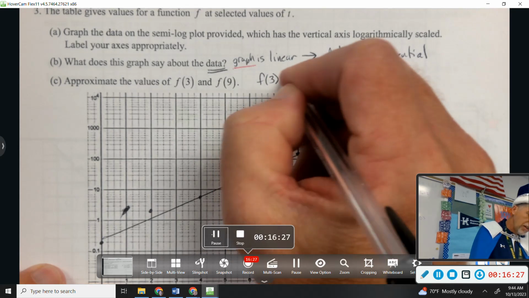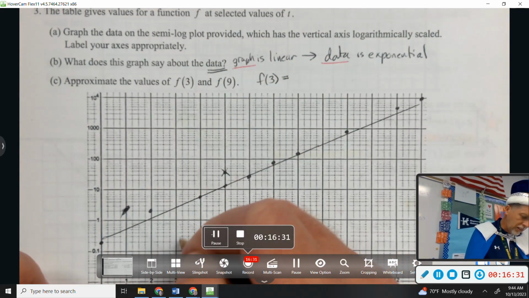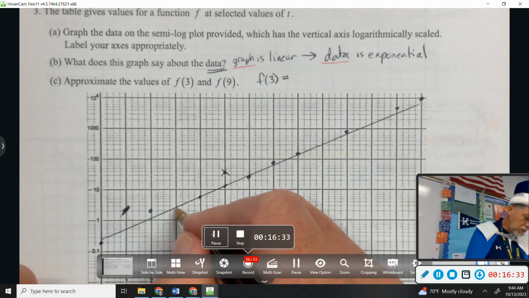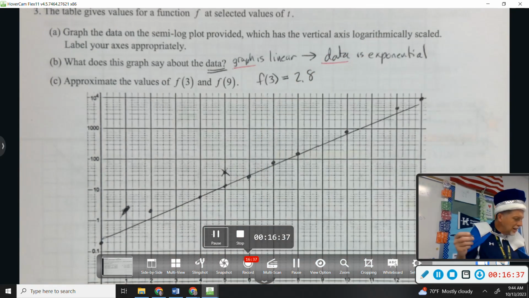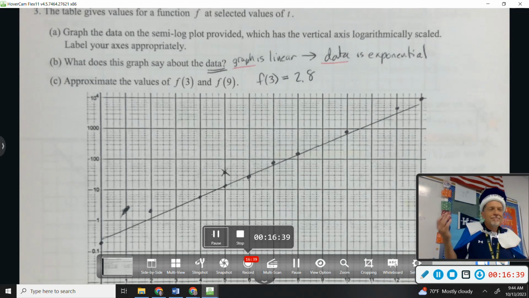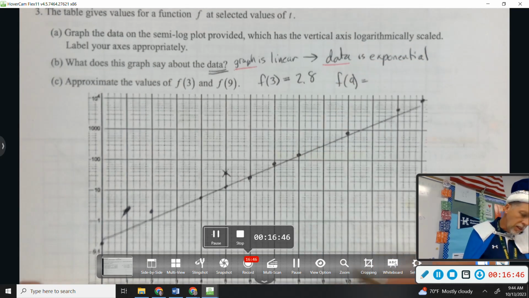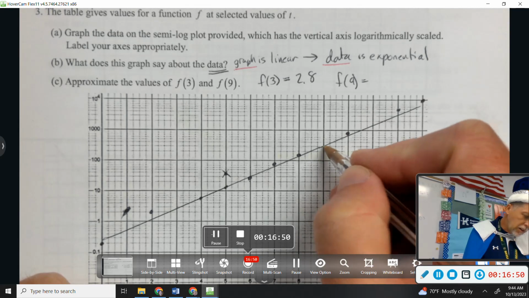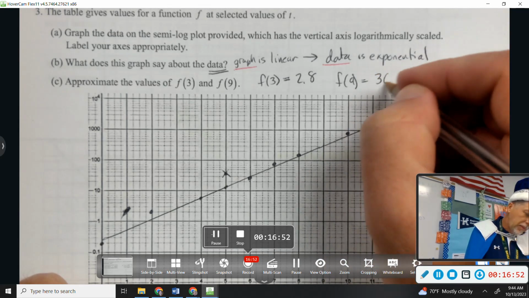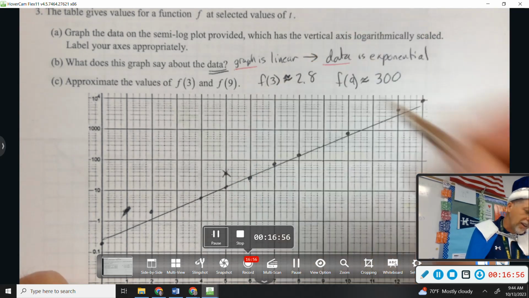Well, I'm just going to look, and we're all going to have slightly different answers for this. 1, 2, almost 3. So I'm going to say 2.8, but I don't know. It depends on the line you drew. f of 9: 100, 200, 300. I better put some approximates on there because that's not exactly right.